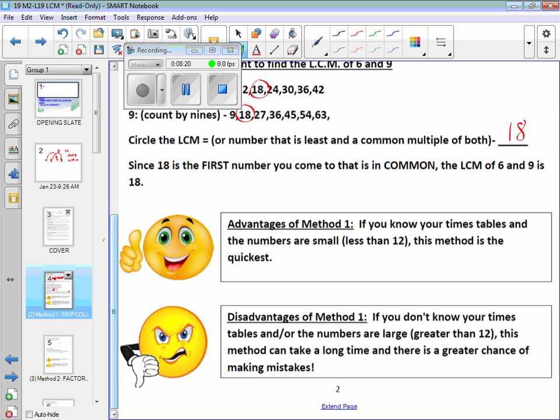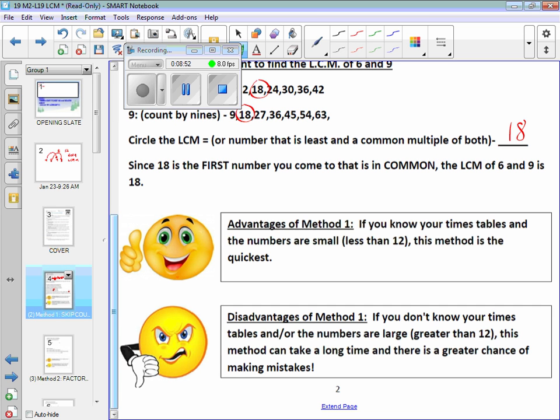If you start counting by 6s and you're off by one number in the middle of that string, all of the other numbers are going to be off. So if you go 6, 12, 18, 26, I'm wrong at 26, and then you do 32, 38, they're all wrong after that one incorrect number. So you've got to make sure you're accurate.